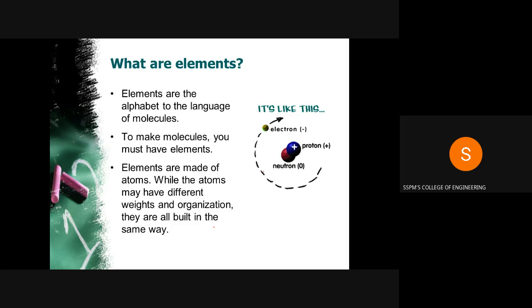Elements are made up of atoms. While atoms may have different weights and organizations, they are built in the same way.